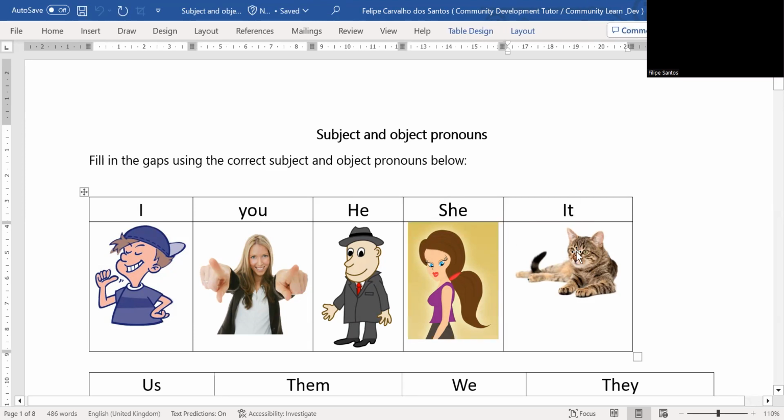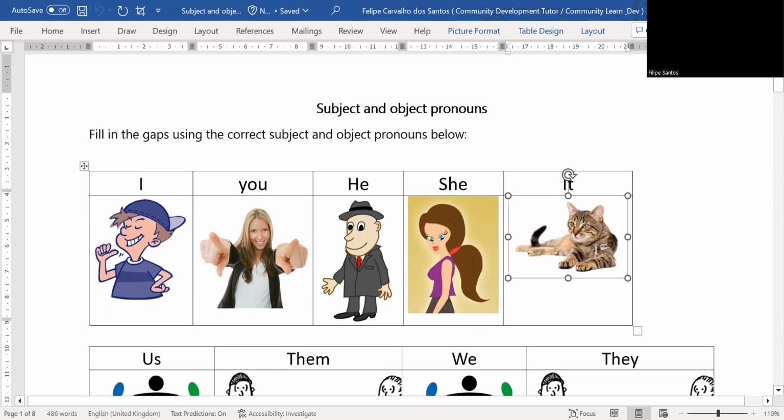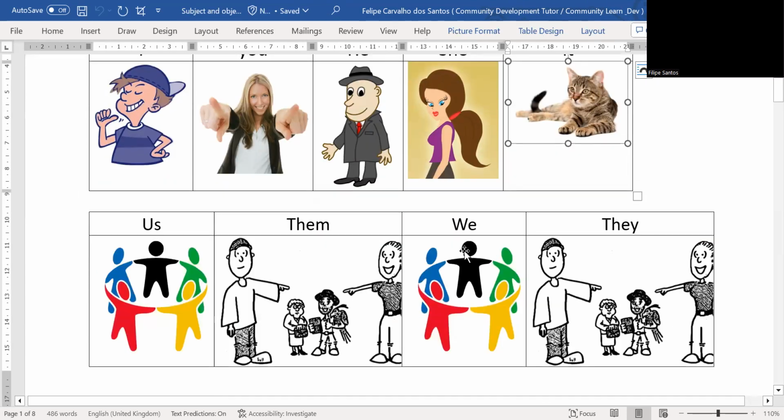It can be the cat, the animal, it can be the object, the table, the chair, the computer. We, me and you, they, the people, not one person, two or three or four.